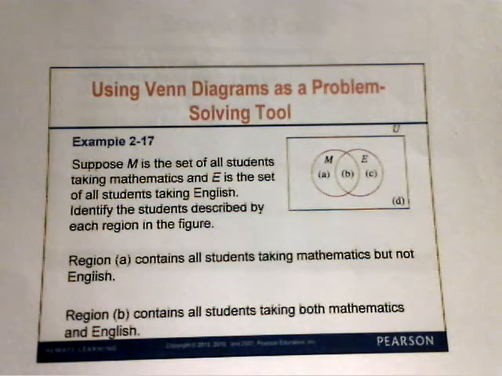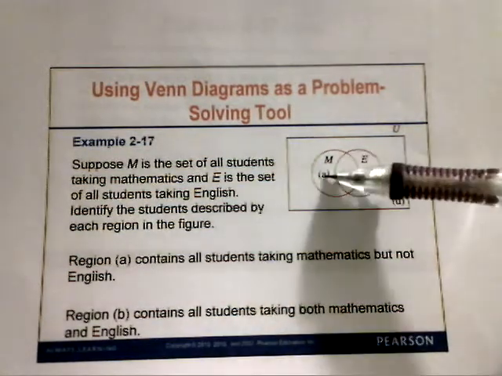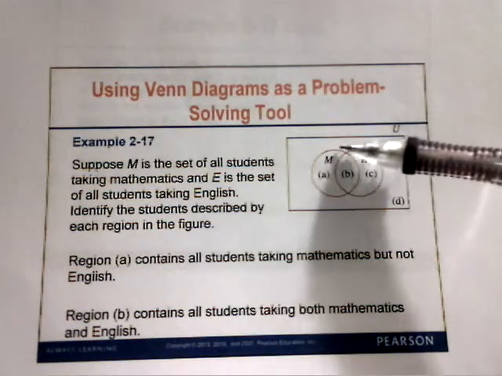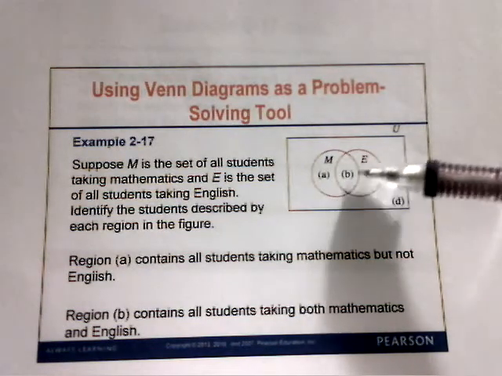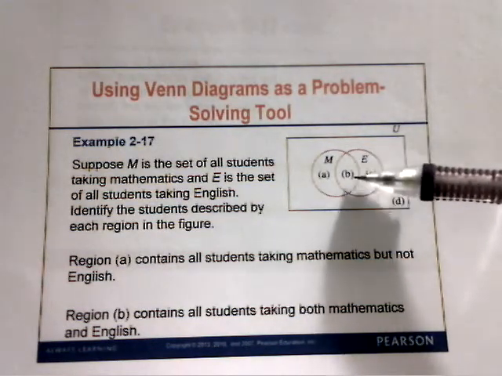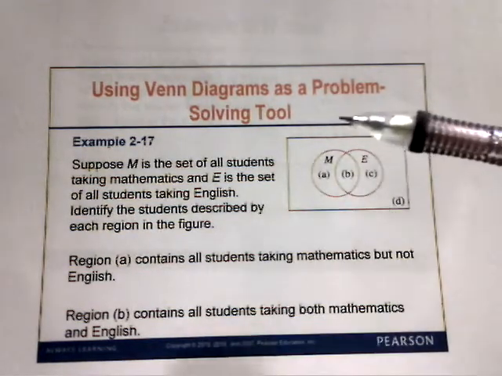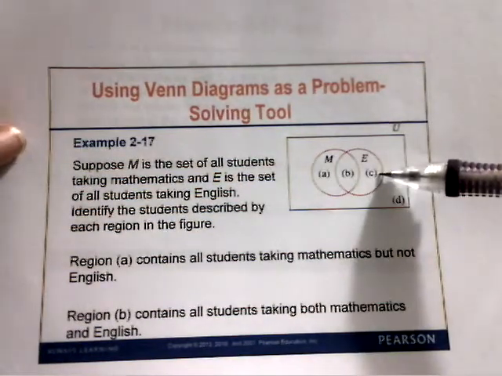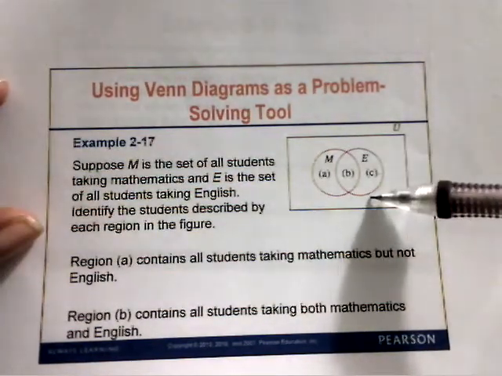Region A contains all the students taking mathematics but not English. This is what region A is: those that are taking mathematics but not English. Now region B is the one in the middle. That contains all the students taking both math and English. And then region C is those that are taking English but not mathematics.